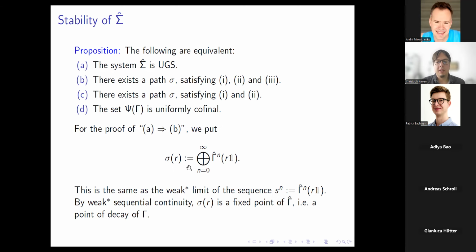You can define this path sigma by sigma of R, putting it equal to the component-wise supremum over the whole trajectory of this augmented gain operator. And what is the initial value of this trajectory? It's R times this 1 vector.